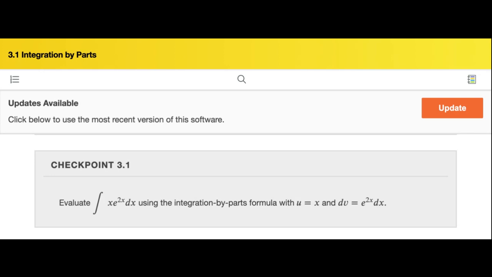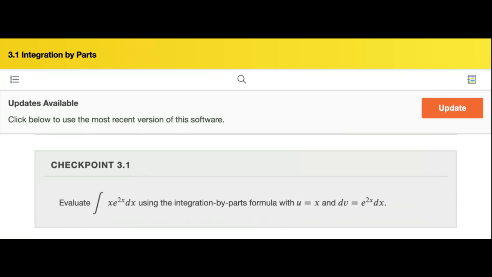Let's see. I have u equals x, and then du equals dx. dv equals e to the 2x dx. Then anti-differentiate dv, I get v equals half of e to the 2x. So I get u times v, which is x times e to the 2x divided by 2, or half of that.